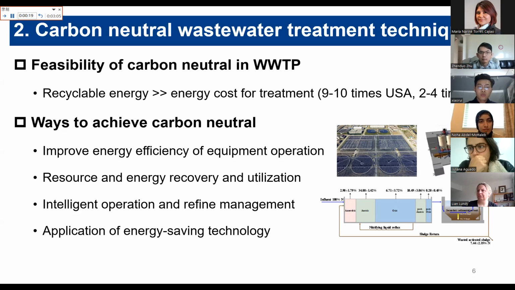On the one hand, advanced equipment should be employed for the recovery of resources and energy. On the other hand, intelligent operation and novel technology should be employed to reduce the energy cost. By employing both, we can achieve the recycling of energy.